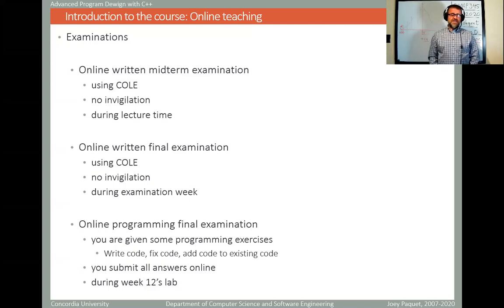It could be, but the solutions that we have at this point are not practical for large classes. So that's why we chose, in this course, to have no invigilation. That, of course, poses a problem versus cheating. So we're going to have some solutions in place to deter or discourage people from cheating.